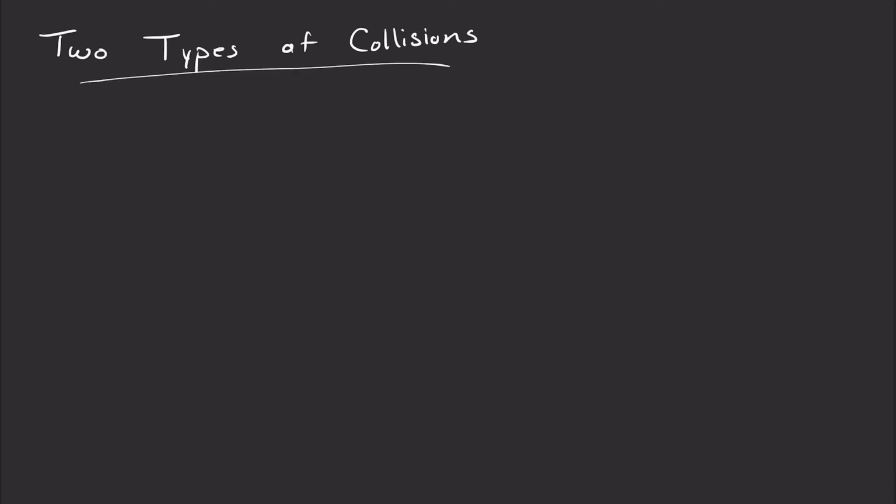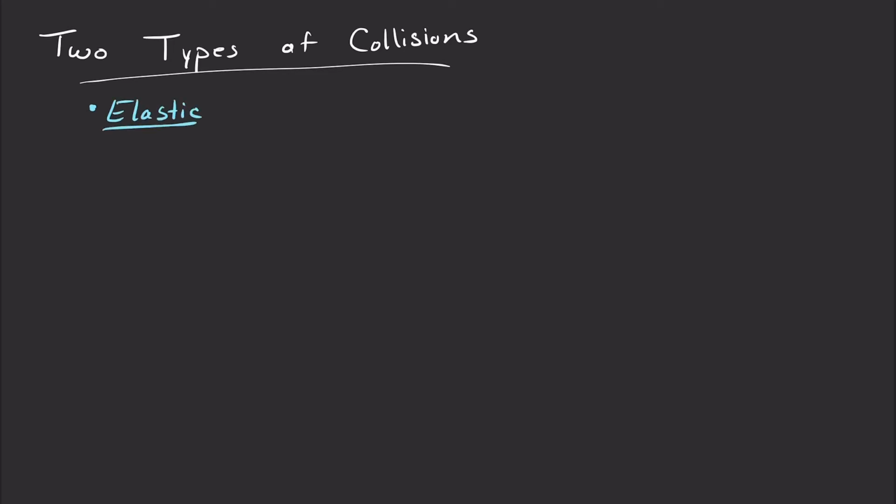Okay. We said that momentum was useful in talking about interactions and collisions between 2 objects. So we want to look at 2 different types of collisions. Okay, the first is called elastic collisions.